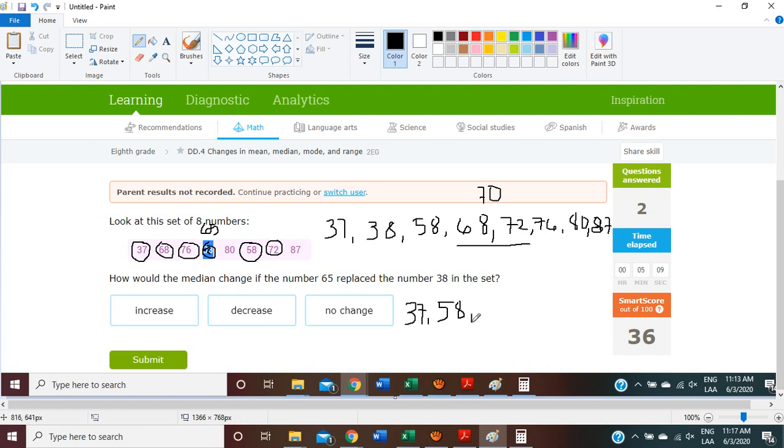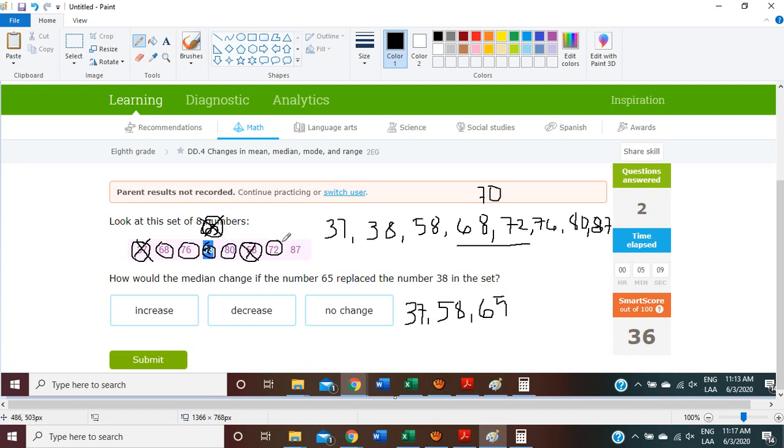And then 65. Well, let me cross out what I have been writing. 58. And then the next number is 65, which is this number right here.